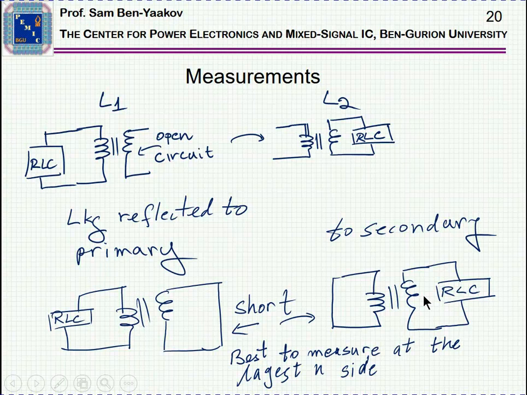And the same thing for the other side. Now it's best to do this measurement from the side which has the largest number of turns, so that you'll get a larger leakage, which is usually very small, and so you can actually measure it.